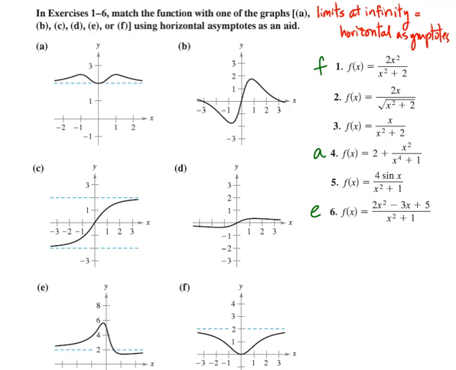So as we go towards negative infinity, our values will approach 0, but they'll approach 0 from the negative side, whereas at positive infinity, they will approach 0 from the positive side. And only graph D does this. Notice the values are negative, approaching 0 as x approaches negative infinity, and positive, approaching 0 as x approaches positive infinity. So function 3 matches graph D.